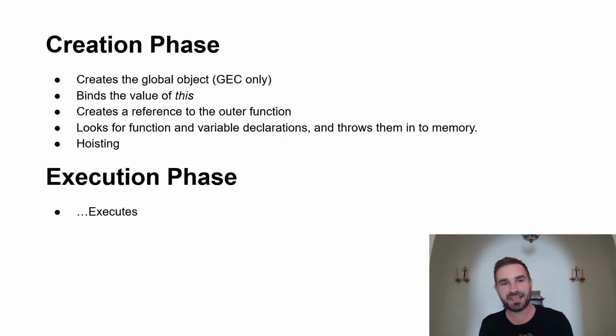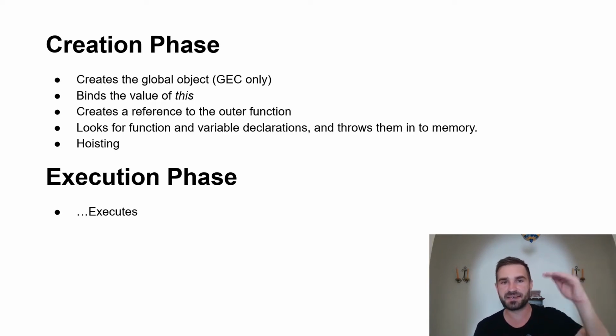All right. So now that we know the types, let's have a little look at the phases. Each of those execution context types that we looked at, the global, the function, they're both split into two phases: the creation phase and the execution phase. So the creation phase you can think of as the engine doing an initial sweep, I would say.